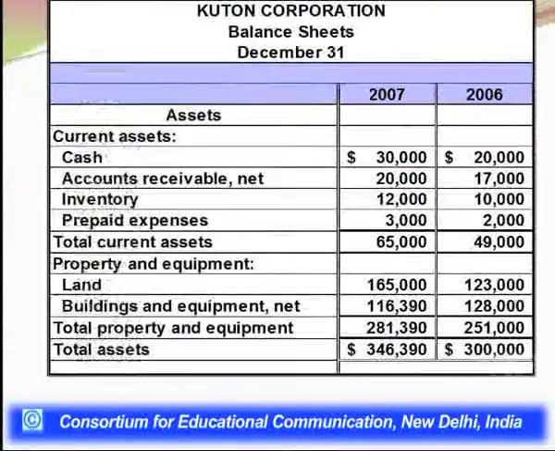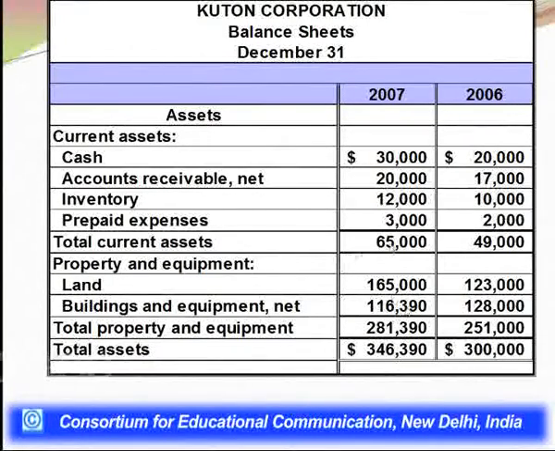You see we have cash 30,000, accounts receivables of 20,000, inventory of 12,000, and prepaid expenses of 3,000. That is how the total current assets were 65,000, as we discussed earlier for the current ratio.